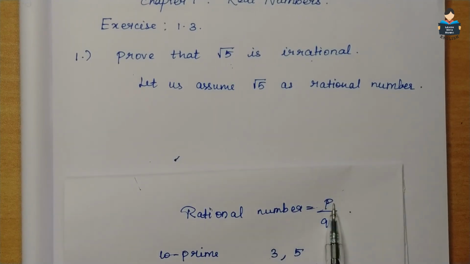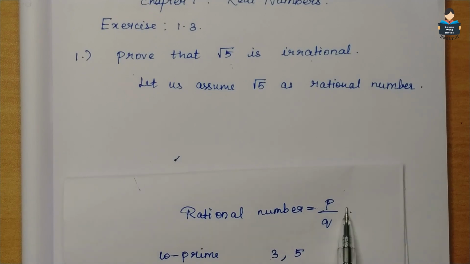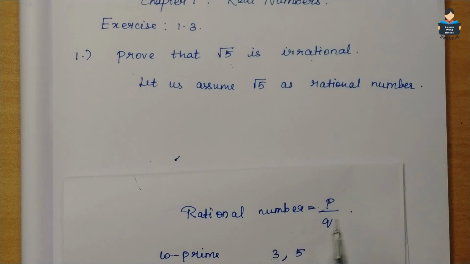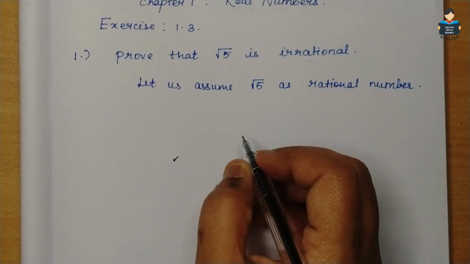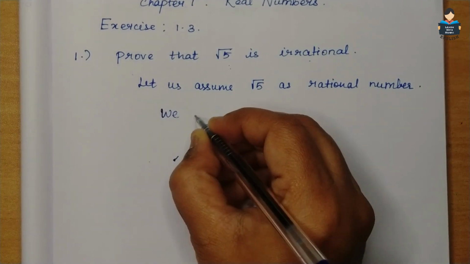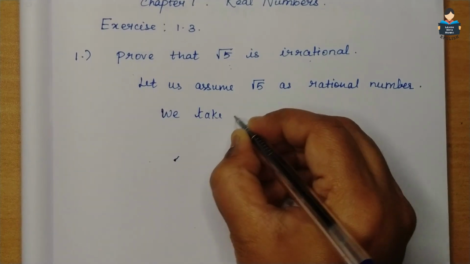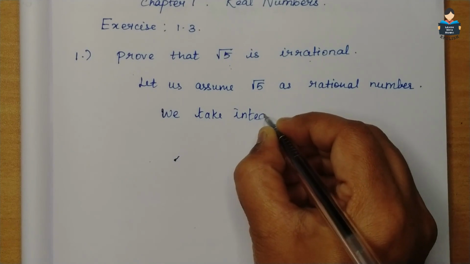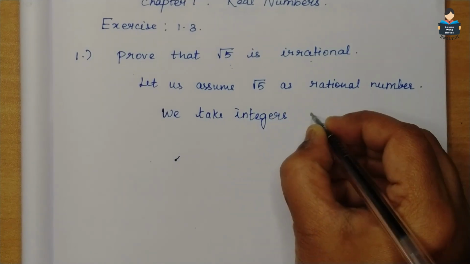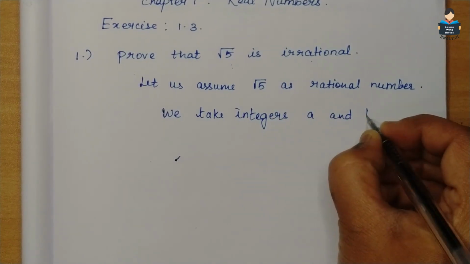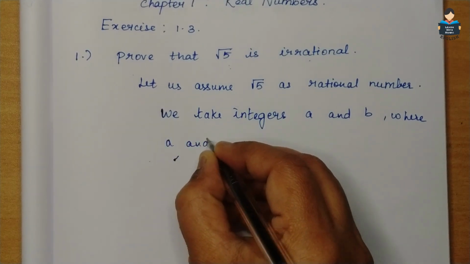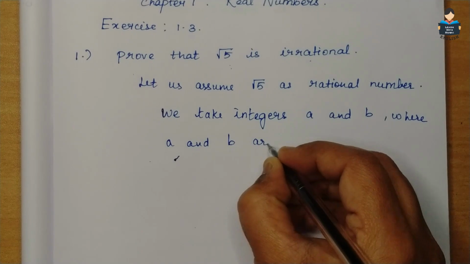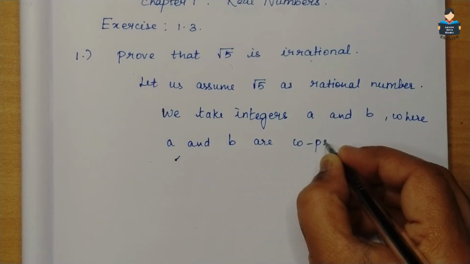We know that rational numbers will always be in the form P by Q. Here I am using the terms A and B. So we will take integers A and B, where A and B are co-prime.